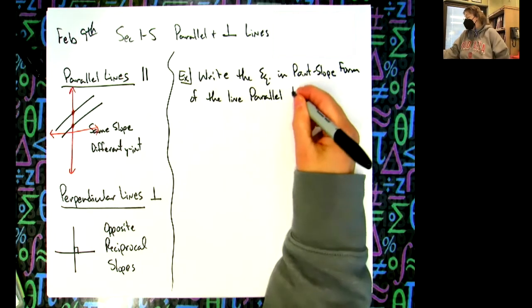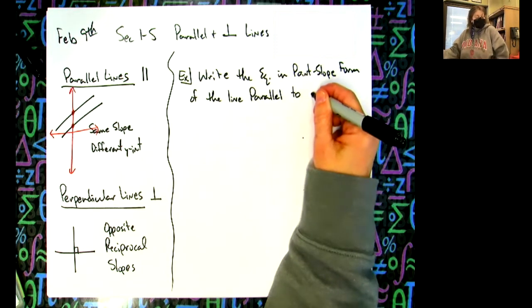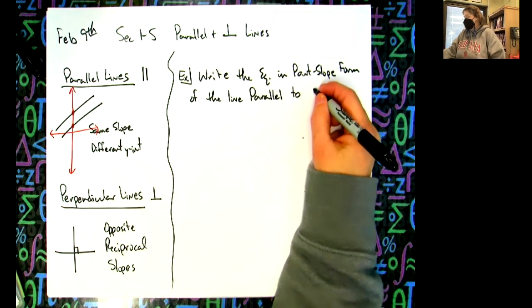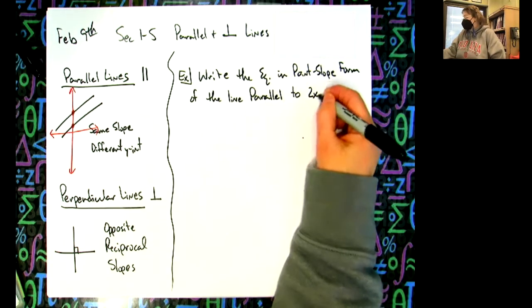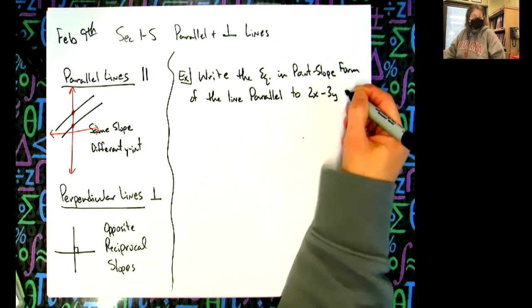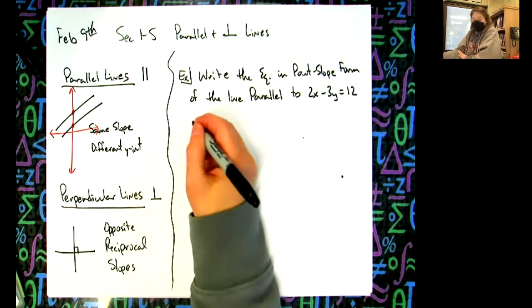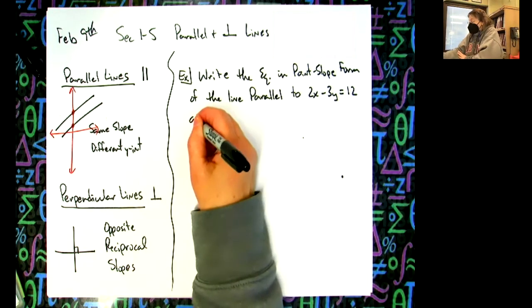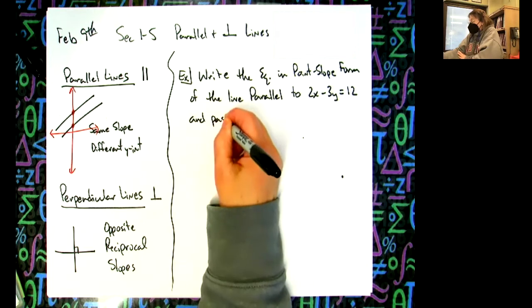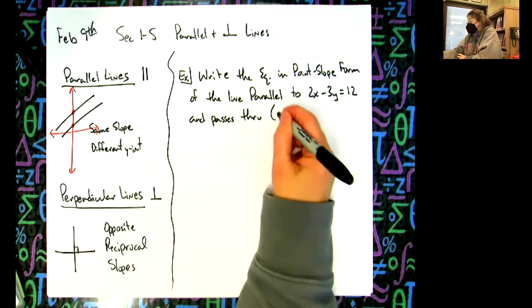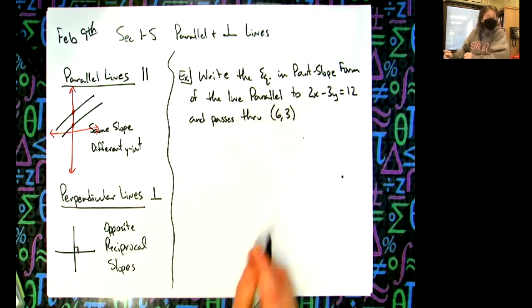Parallel to, let's do 2x minus 3y equals, let's say, 12, and passes through, let's say, 6, 3.